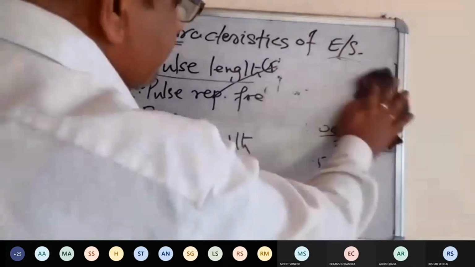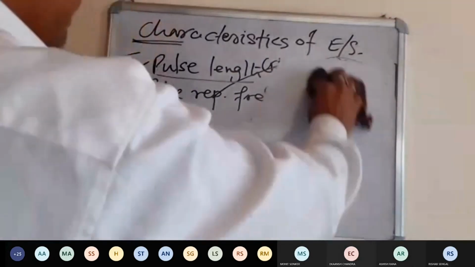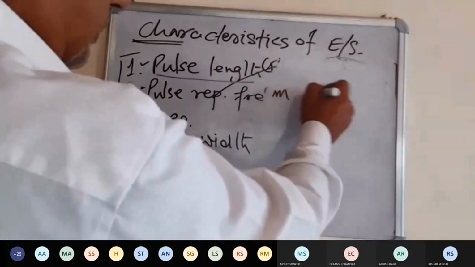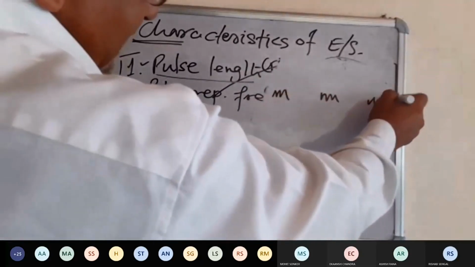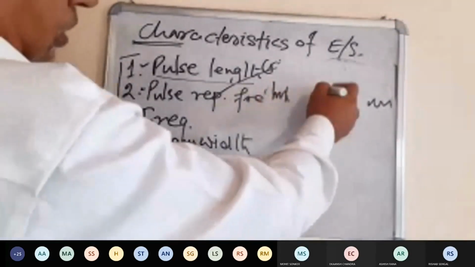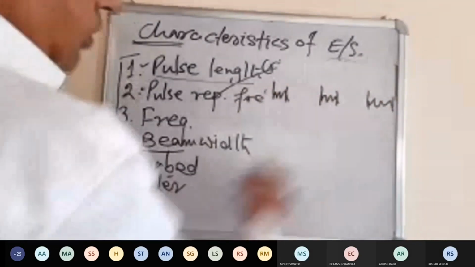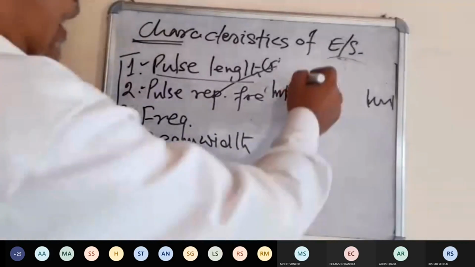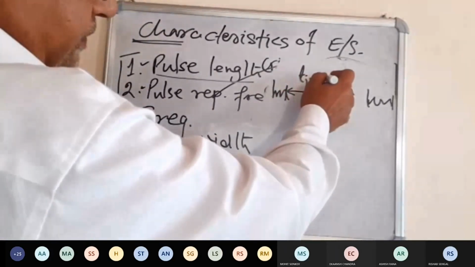Next one is the pulse repetition frequency, the number of pulses transmitted in 1 second. So this is dot, dot, dot. We are waiting here between two pulses. There is a certain bit of time between them.